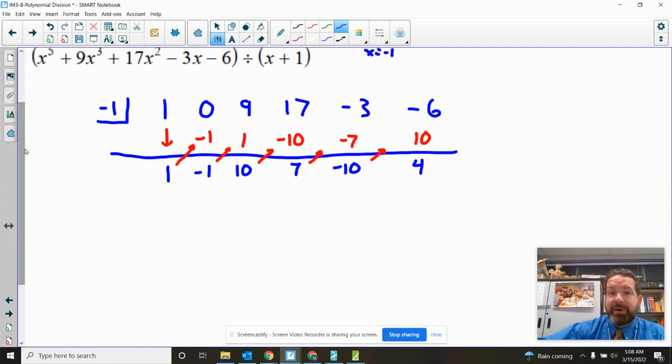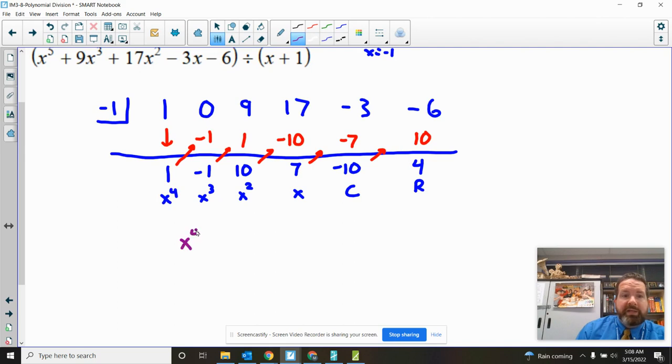Here is what these numbers now represent. Starting at the back, this is your remainder. This is your constant, your x's, x squareds, x to the thirds, and x to the fourths. So what's our end result?